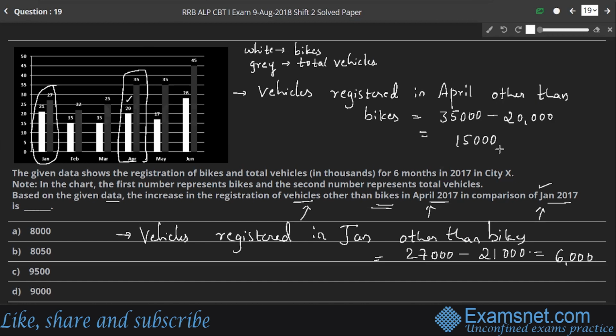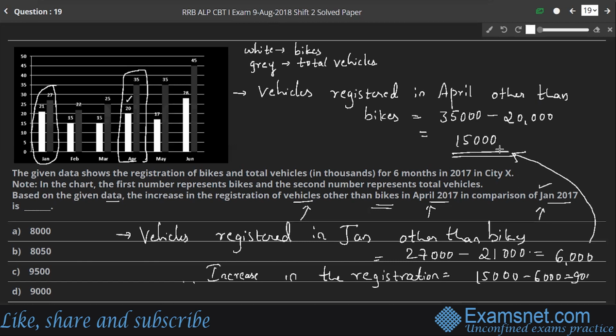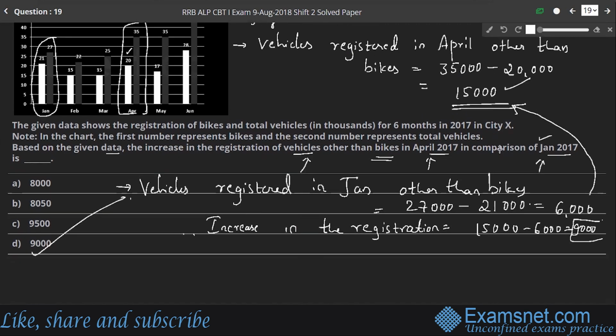When you compare with the month of January, in the month of April more vehicles were registered. So the increase in the registration is 15,000 minus 6,000, which is 9,000. 9,000 more vehicles were registered in the month of April compared to the month of January. Therefore, look at the options. Option D is the right answer.